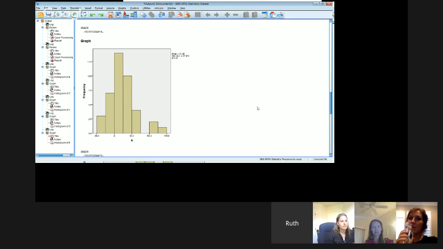Okay, so here's graph A. Are we discussing the shape of it, if it's skewed? I don't think we need to discuss that. We were just supposed to see the differences and similarities between them. That would make sense.